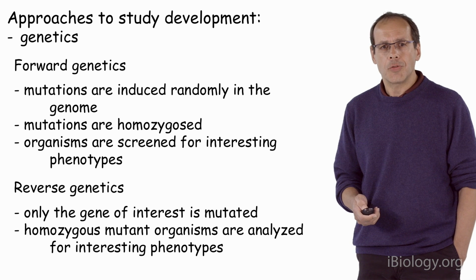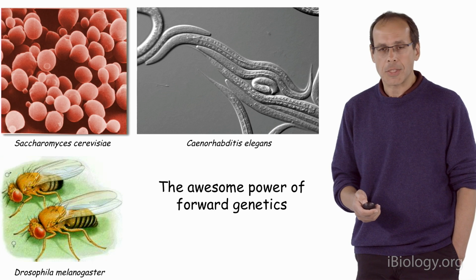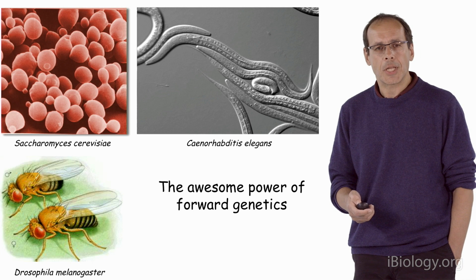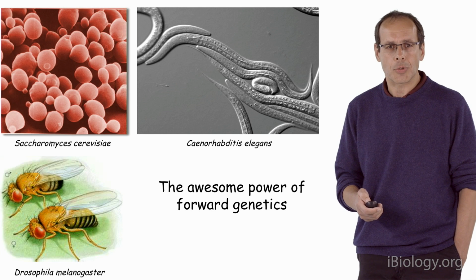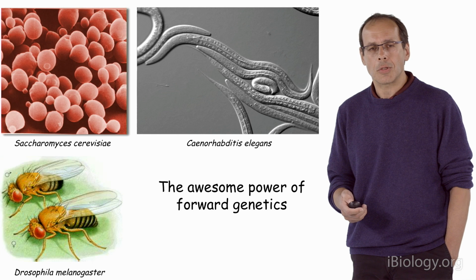So let's focus a little more on forward genetics, and to use a phrase used by many geneticists, including the late Ira Herskowitz, the awesome power of forward genetics has really led us to many insights about key biological processes, including, for example, from the yeast, shown on your left.